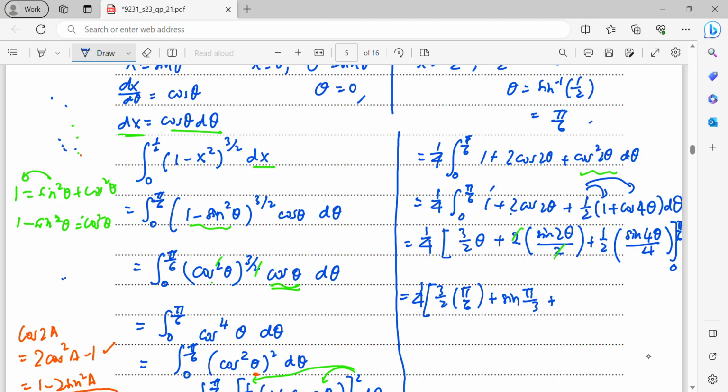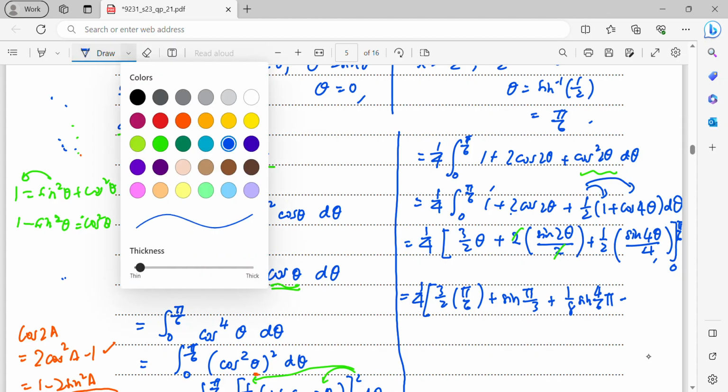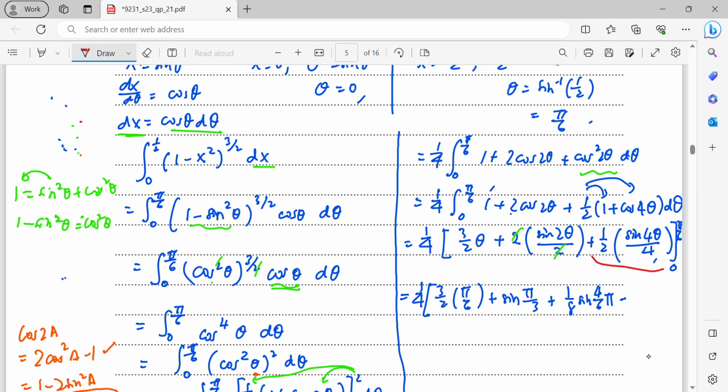Then 1 over 2 and the over 4 here, it will be 1 over 8 sine 4 pi over 6. Okay, minus when the theta equals to 0. So when you replace the theta by 0 here, all the theta, so the first one is 0, sine 0 is 0, last term also 0, means that everything is 0.